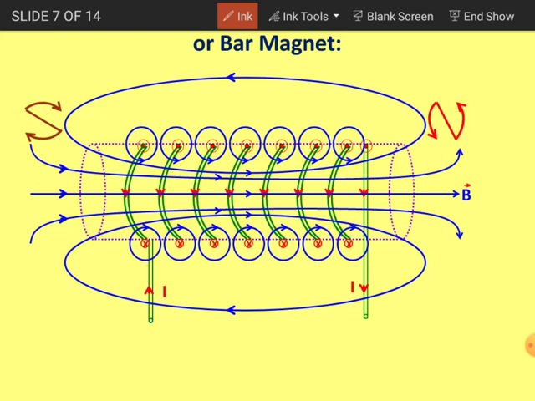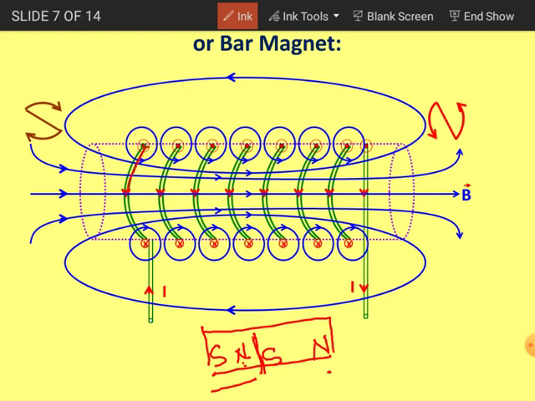Monopole never exists, right? Suppose you have a bar magnet with this side north pole and this side south pole. If you cut it somewhere here into two pieces, then this side will have two poles, south pole and north pole. The other will be north and south, so north pole and south pole will both be there.